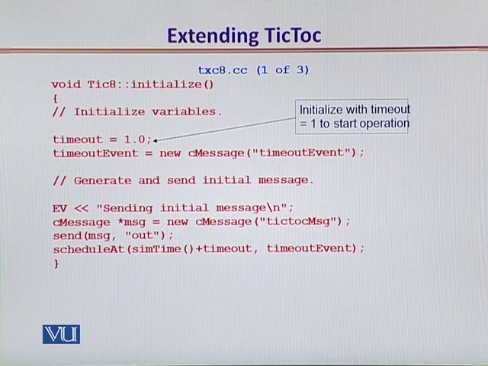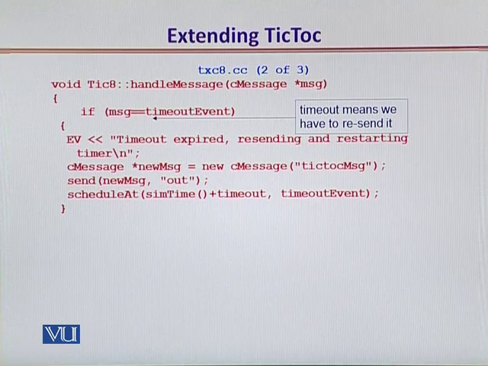Now, if you look at txc8.cc code, we see that when we initialize, the timeout interval is given to be 1 second, so that the initialization process starts without randomness. Subsequently, here we see that if the message of timeout event is true, it means the timeout has taken place. It means we have to resend it.